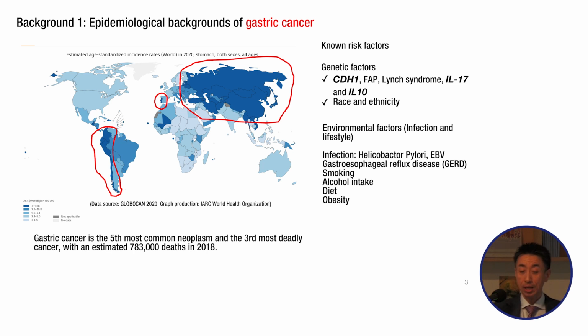So part of gastric cancer is related to infections. That is also a very unique feature of this cancer. But there are other environmental factors, including smoking, alcohol intake, and obesity, reported to be associated with incidence of this cancer. So this is just the background of gastric cancers.